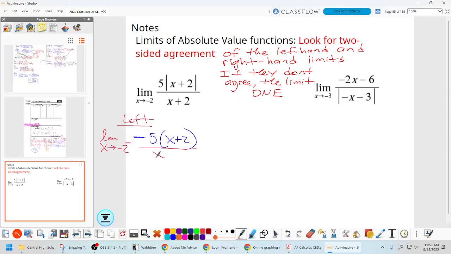Otherwise, we just ignore the rest of it. Again, we are indeterminate, so we have to do this manipulation to get around that. That's why we're learning this process. Pull a negative out front on the left limit. So negative out front, drop the absolute value.